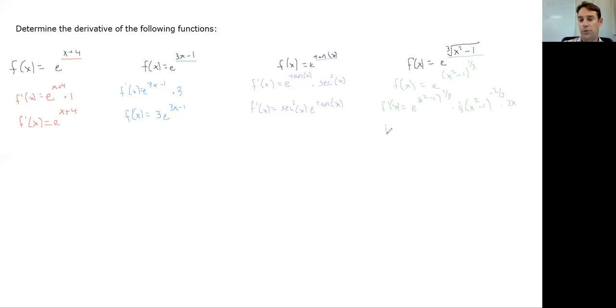So if I just rewrite this to try to get rid of everything and make it clean again. So we have that e to the, oopsies, got my 2x there. I have 2x times e to the cube root of x squared minus 1, all over 3 times x squared minus 1 to the 2/3.